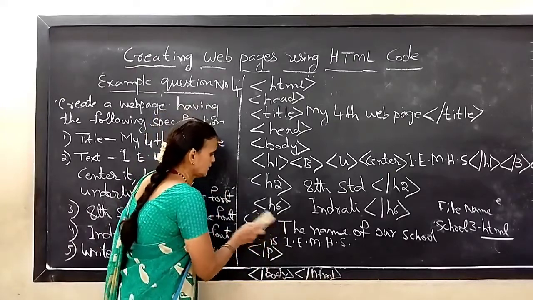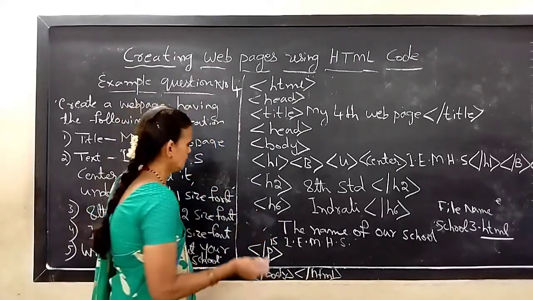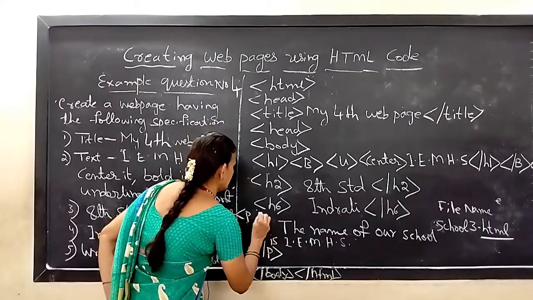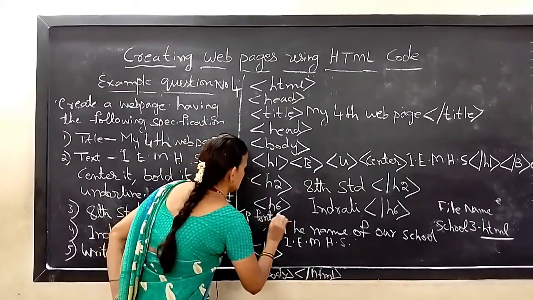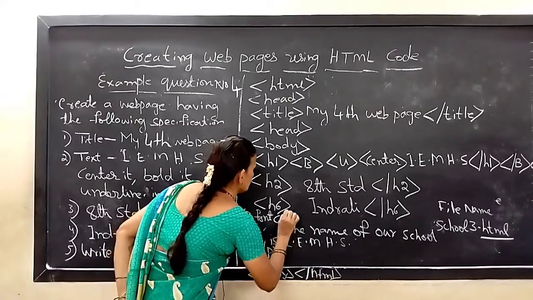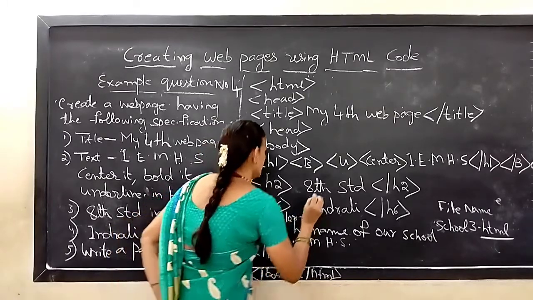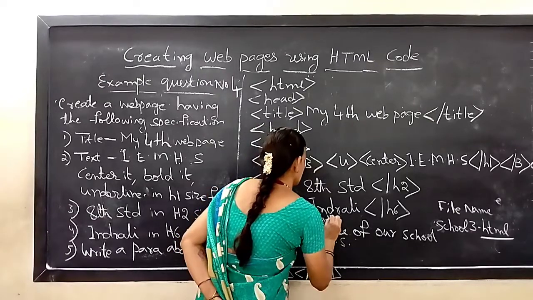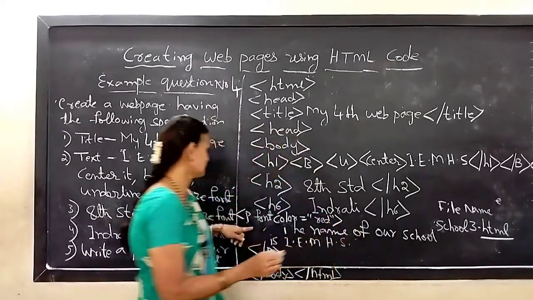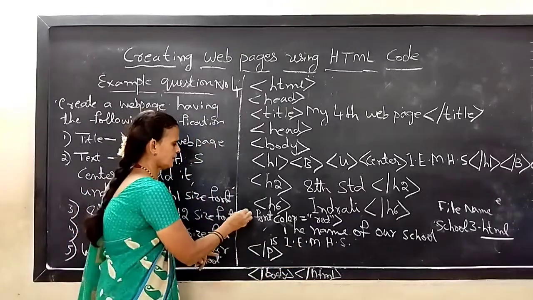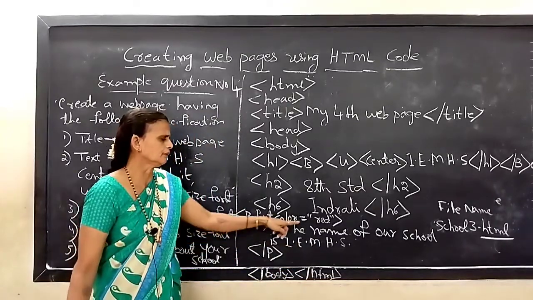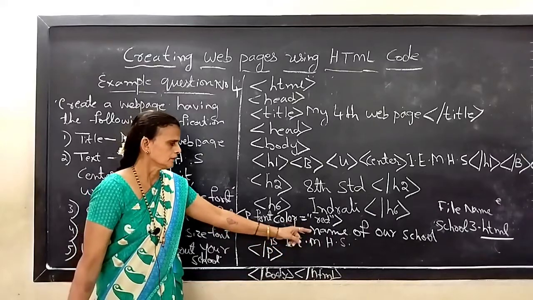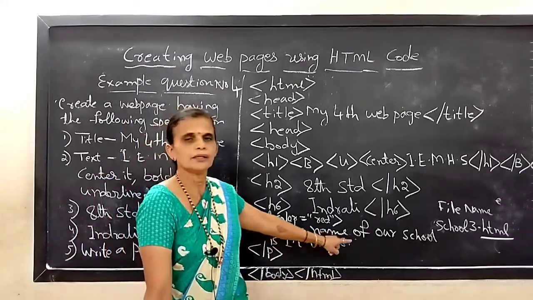We can add it here only: P, then write font COLOR equals, and in double quotes write red. What it indicates is that the paragraph font color will be red. So you can see the font color in red.